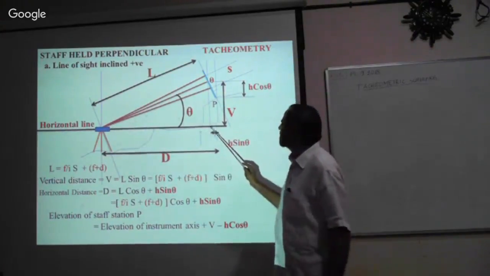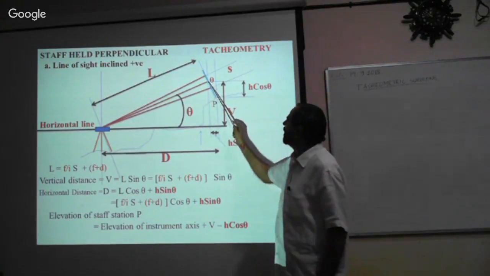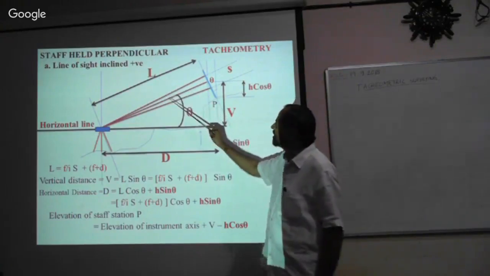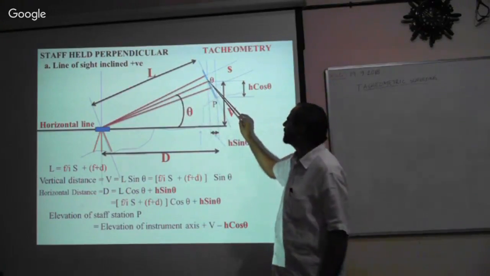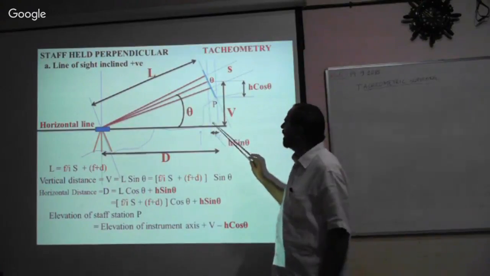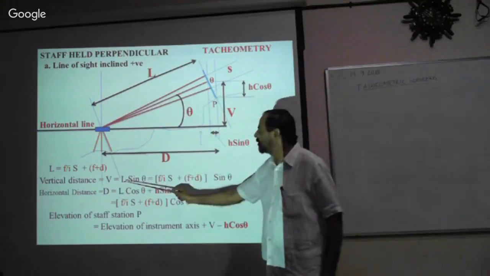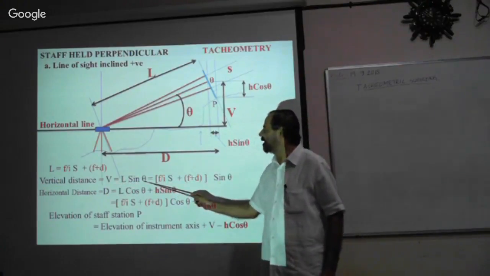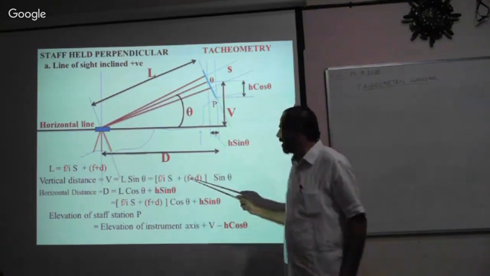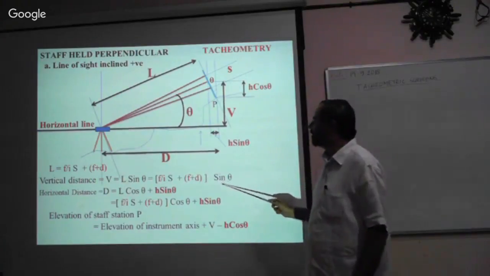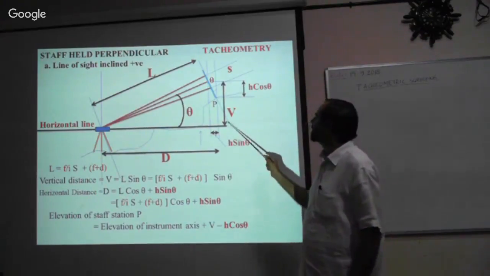This is the V. V can be calculated now, L is known, theta is known. Therefore, V is L, opposite side to theta. Therefore, V is equal to L sin theta. Now substitute this L here. Substitute the L, then we can calculate the vertical distance. Now this can be calculated.